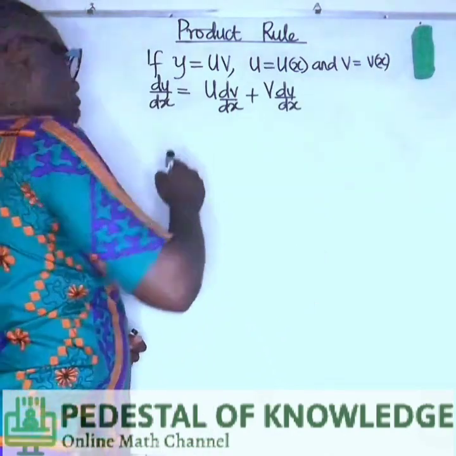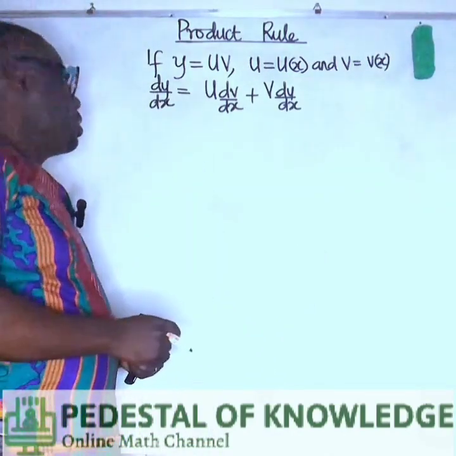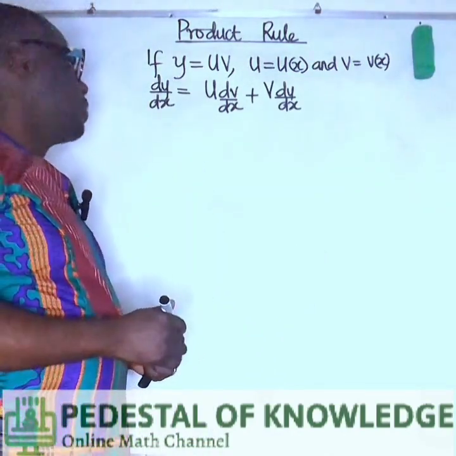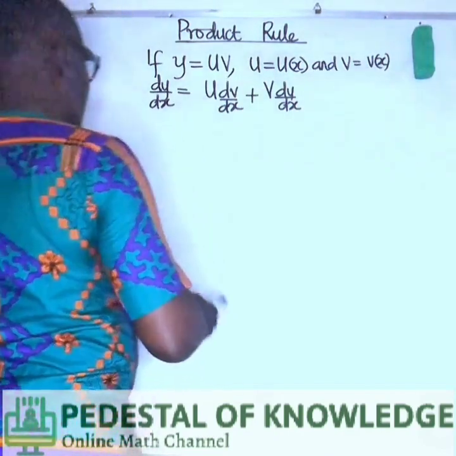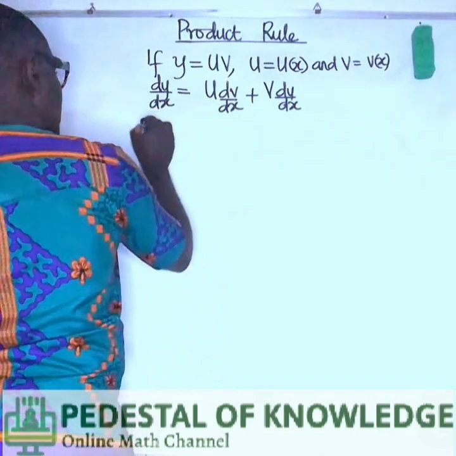So this is the product rule of differentiation and is always used to find the differential coefficient of product functions. Okay, now let's look at a few examples.